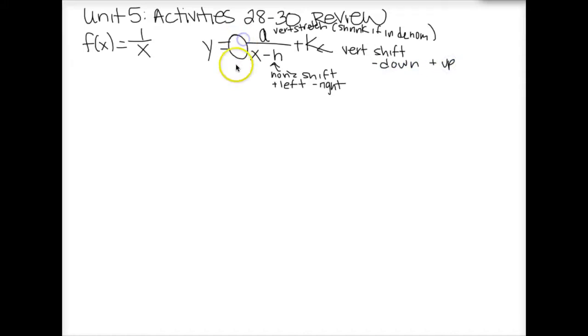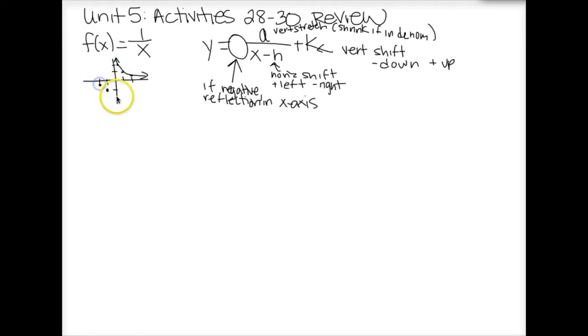Also, the last thing, if a is negative, if there's a negative in front, that means there's a reflection over the axis, which in this case means that your branches, because your original parent looks like this, with branches in quadrants 1 and 3.